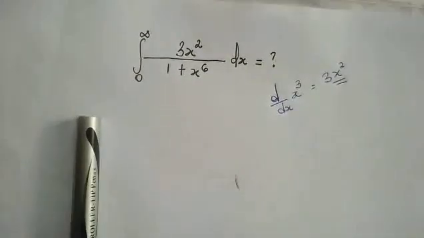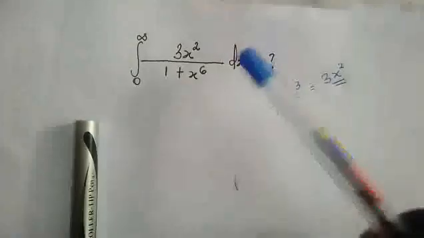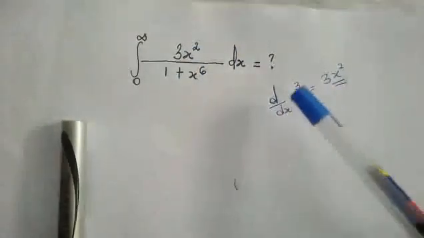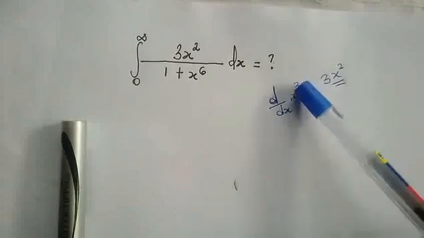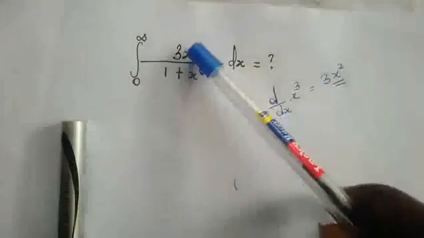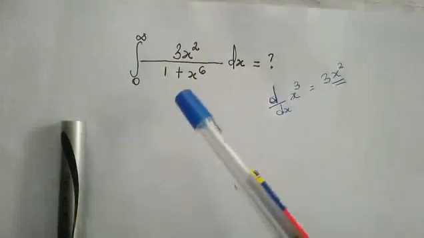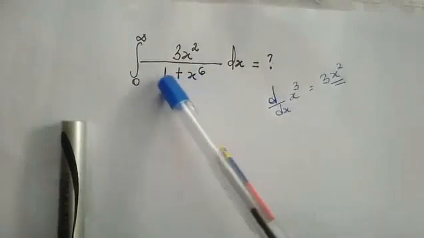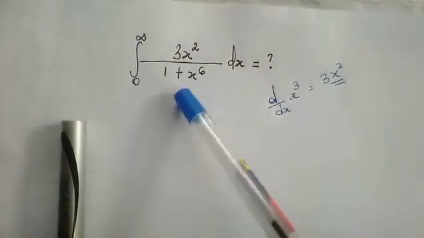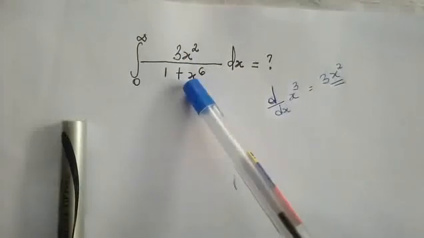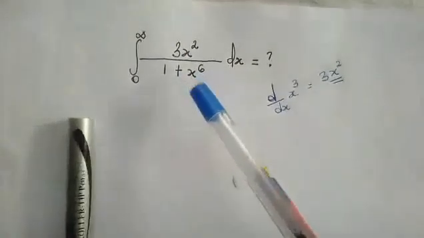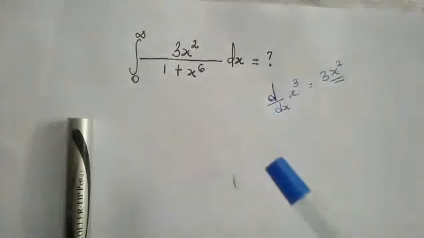So using this idea, we can see that up here we have 3x squared, and the derivative of x cubed gives this. Which actually means that we are going to manipulate the bottom of this expression here, in order to obtain a similar expression involving x raised to the power of 3.